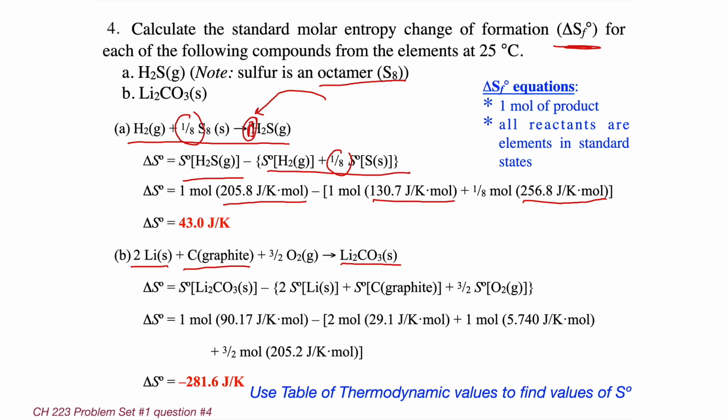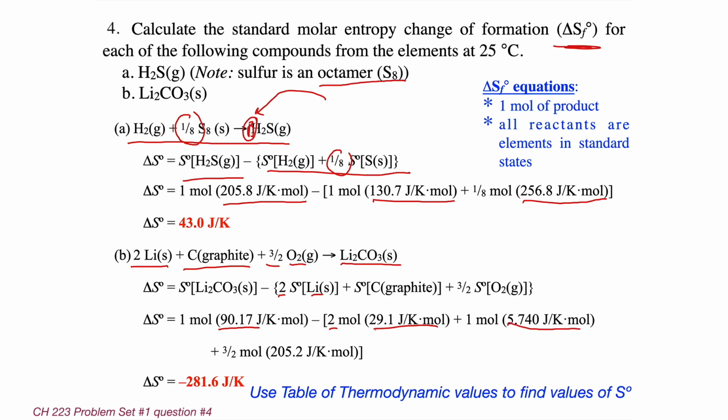Darn it. Anyway, 3 oxygens in lithium carbonate. Oxygen comes as a diatomic, so we need to use 3 halves. 3 halves times 2 is 3. That's how many atoms we want. It's a little weird, but we'll do it. So anyway, you go through and you find the values. 90.17 is lithium carbonate. We need 2 lithiums, so 2 times 29.1.